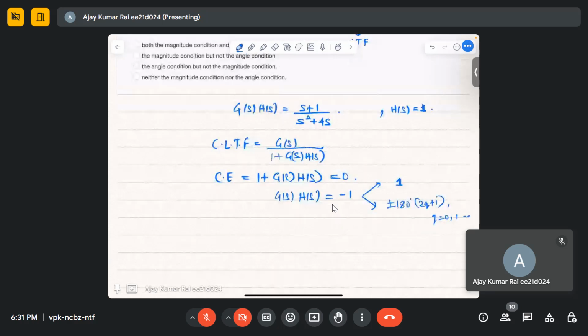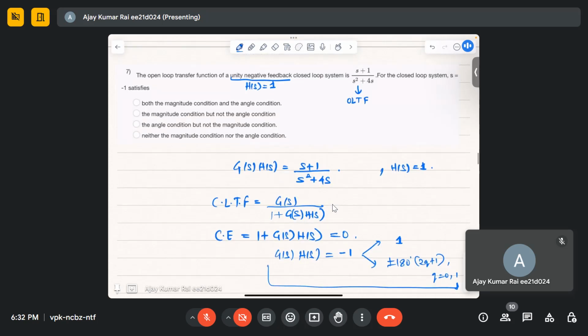If any closed loop pole satisfies the characteristic equation, then it should satisfy this also. This means if you put the value of s in GsHs, its magnitude should be 1 and its angle should be plus minus 180 degrees, right?